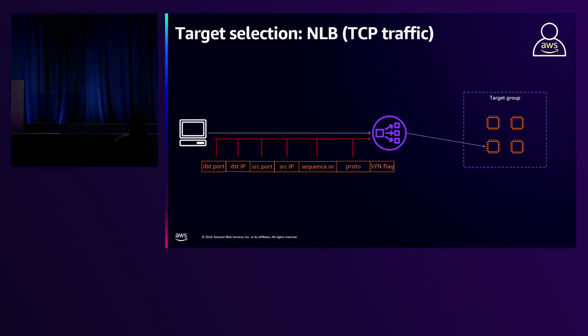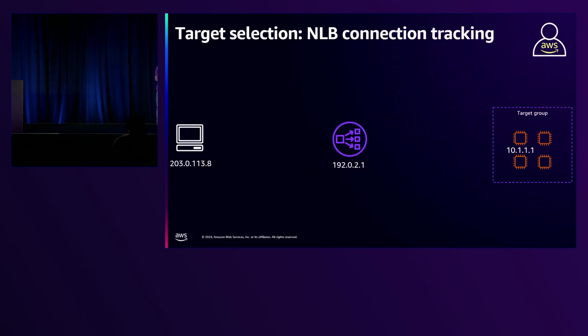When performing this selection, the network load balancer will track the association between the 6-tuple and the selected target in a distributed database. We will see in a moment why this is important. Before doing that, I would like to mention something regarding the return of the traffic that is generated by the targets and is sent to the client.